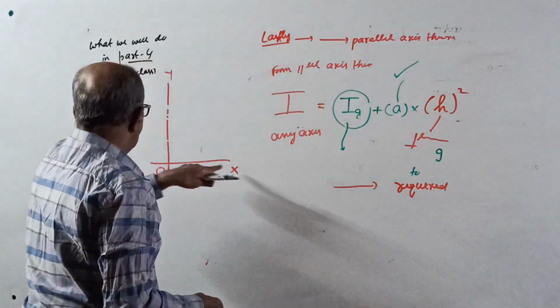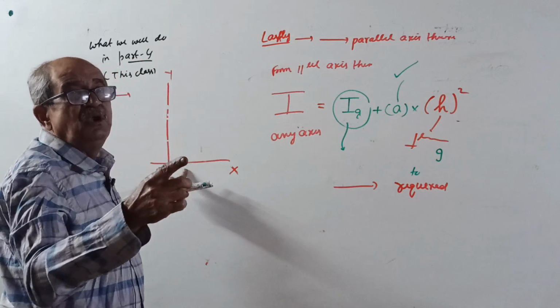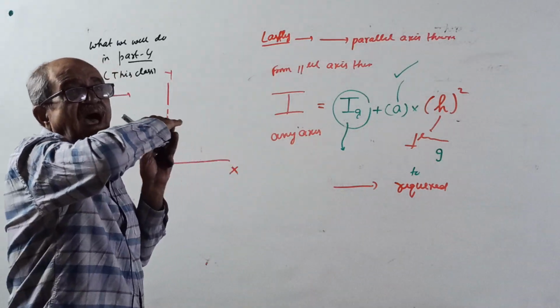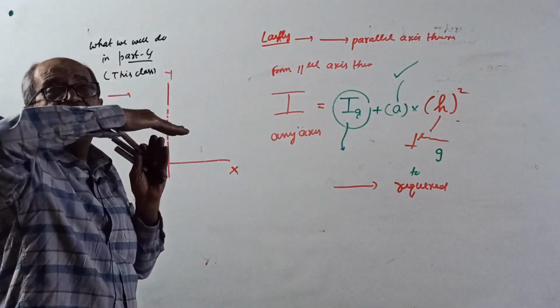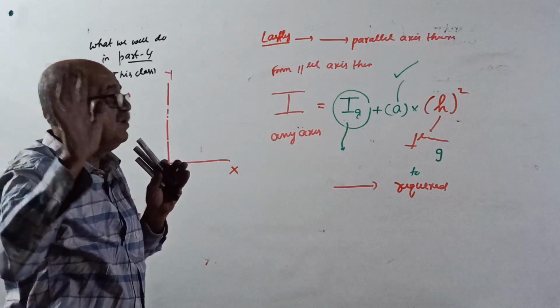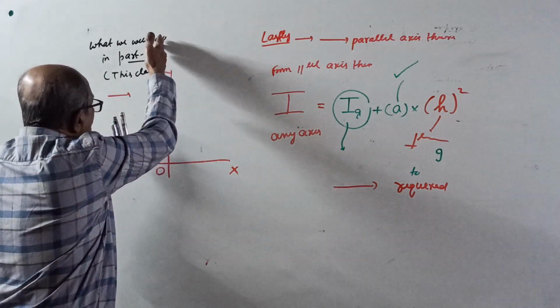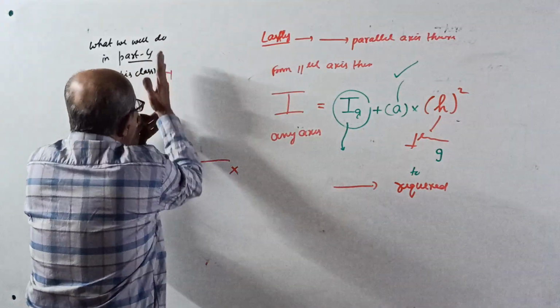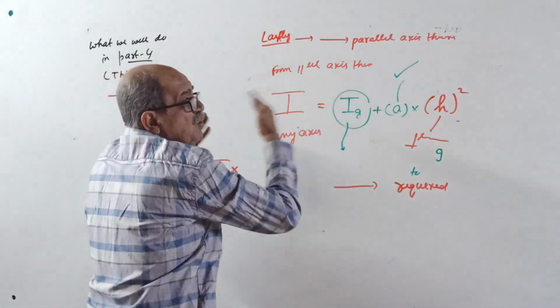If you want I about the OX axis, it is the perpendicular distance from centroid G to the OX axis. When the axis is horizontal, the distance is vertical. If you want OY, the perpendicular distance from centroid G to OY is horizontal.